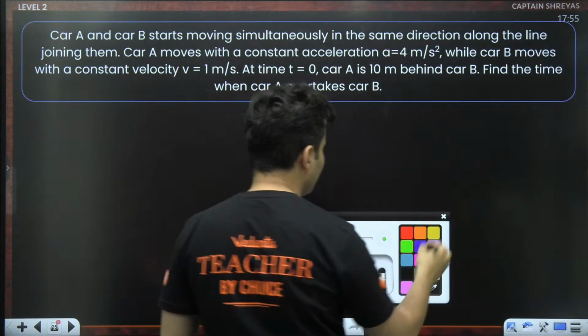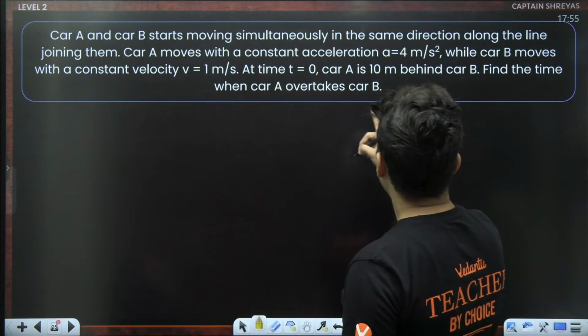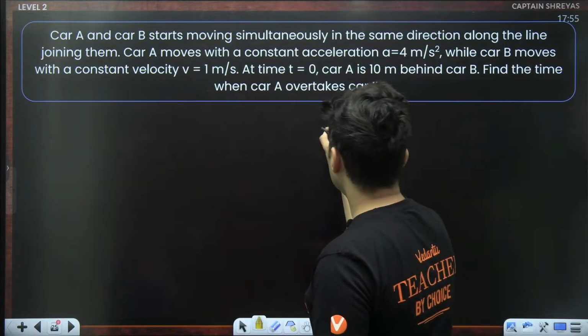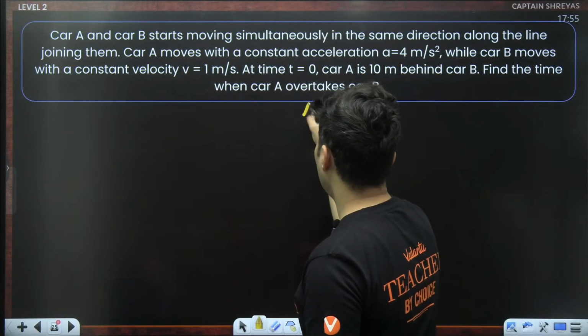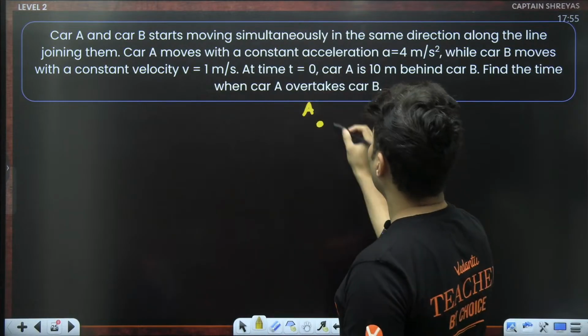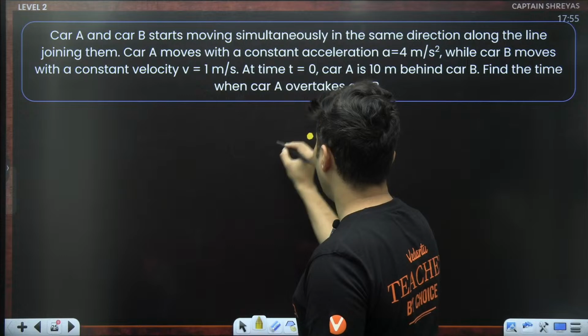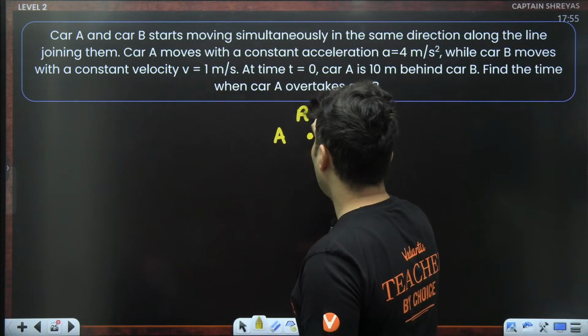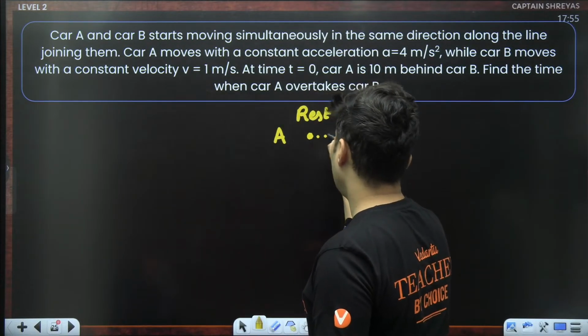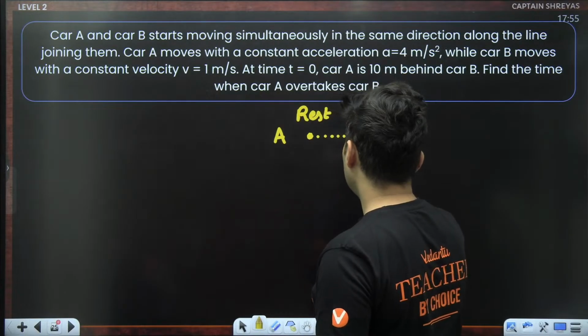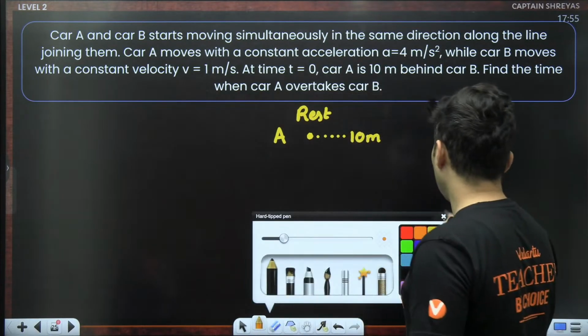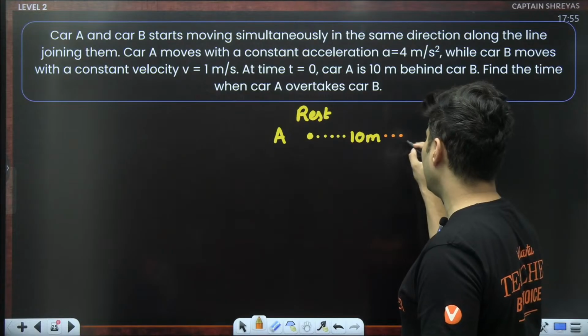Let's try to understand this question. Car A is 10 meters behind car B. Car A moves with constant acceleration. If you look at car A, it was at rest, and there is a gap of 10 meters compared to where car B is right now.